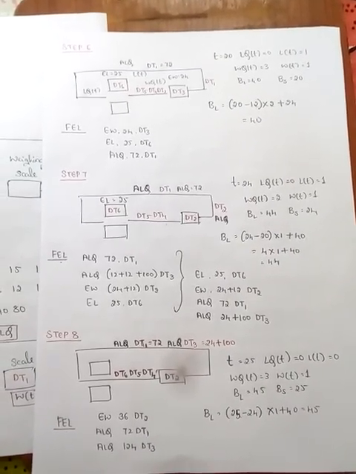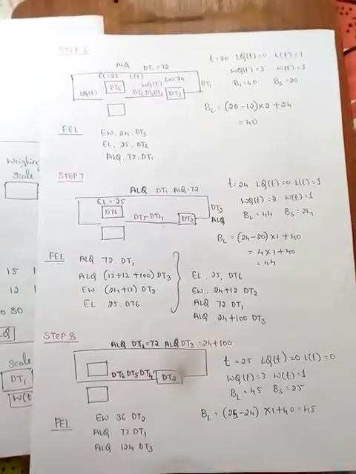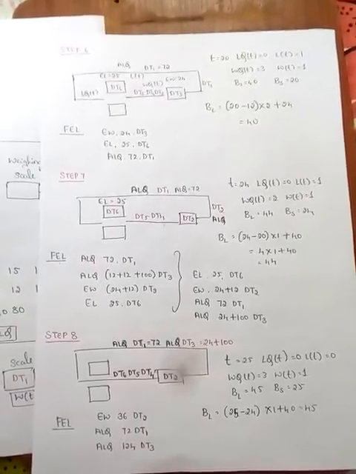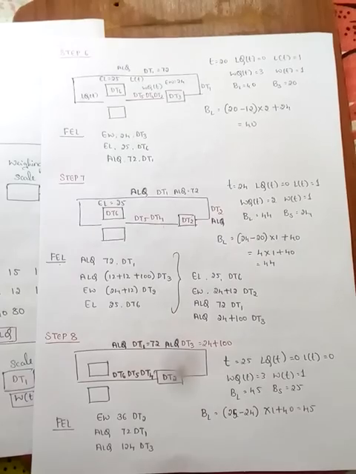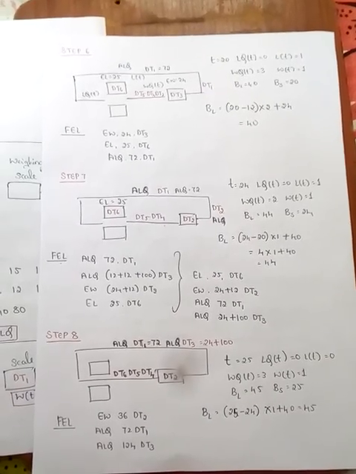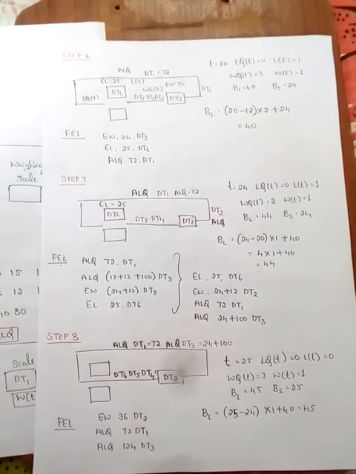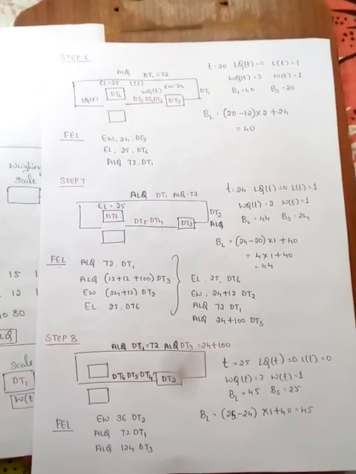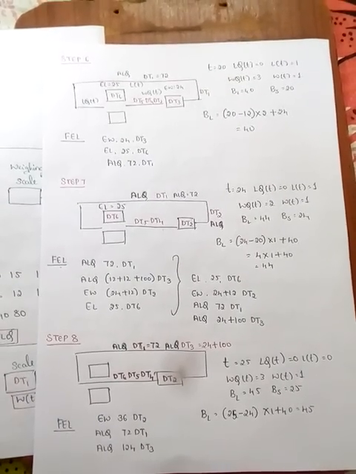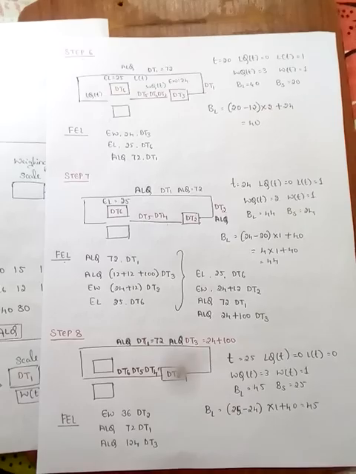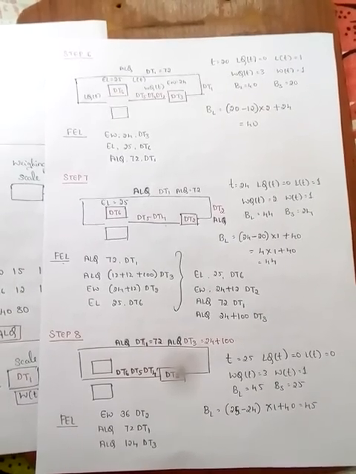Now the future event list: EW comma 24 comma DT3, EL comma 25 comma DT6, ALQ comma 72 comma DT1. Now there are 3 trucks. One is DT1 that is traveling, DT3 that is on the weighing scale, and one truck that is being loaded, that is DT6.